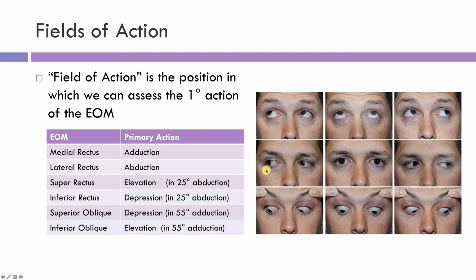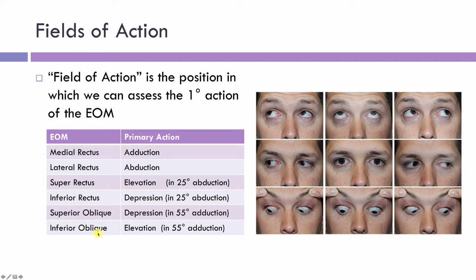What I note here is that the right eye is abducting and the left eye is adducting. So this is the field of action of the right lateral rectus, because we know that the lateral rectus is an abductor, and it's the field of action of the left medial rectus, because we know that that's an adductor.